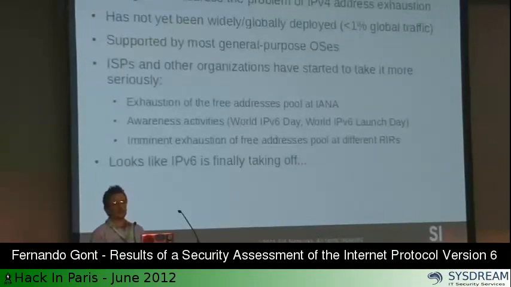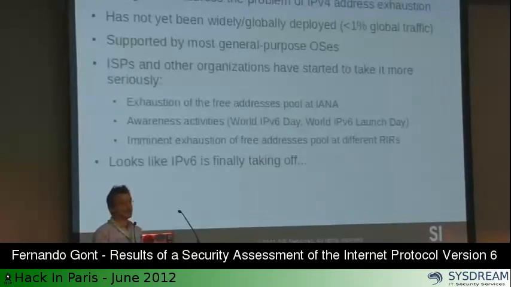After the exhaustion of the central pool of IPv4 addresses, the focus came to predictions about when the address pool of each of the regional registries would be exhausted. For example, in the case of APNIC, the regional registry for Asia Pacific, they have already exhausted their IPv4 address space. So if you are in the Asia Pacific region and you need, for example, IPv4 addresses, then APNIC cannot assign you any more IPv4 addresses.